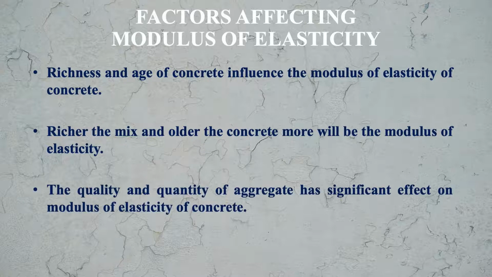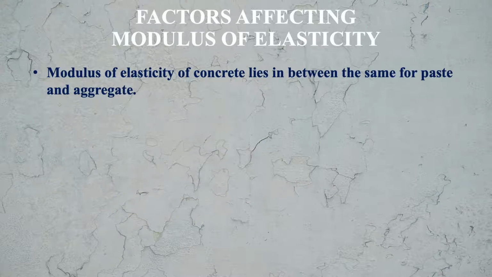The quality and quantity of aggregate has significant effect on modulus of elasticity of the concrete. Modulus of elasticity of concrete lies in between the same for paste and aggregate.